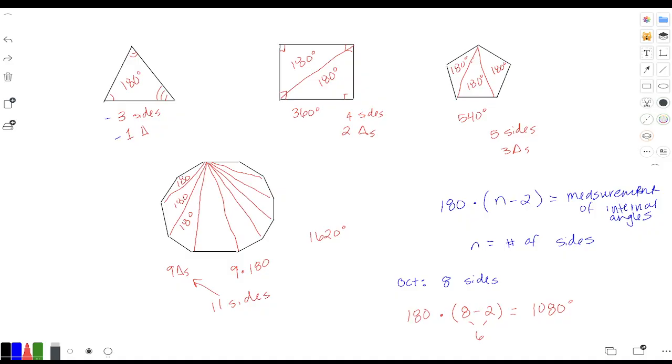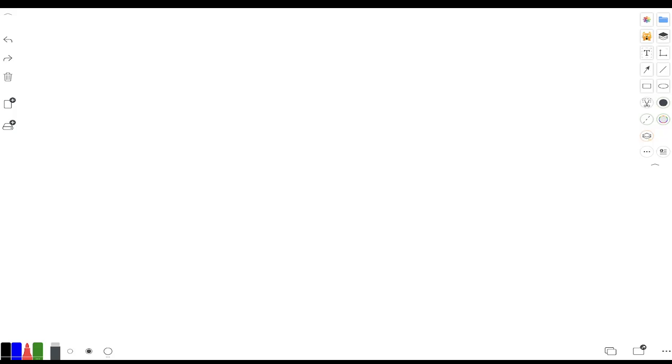Okay, but if we want to figure out each individual measurement for each angle, let's draw ourselves a hexagon here. A hexagon is going to have 6 sides, okay?